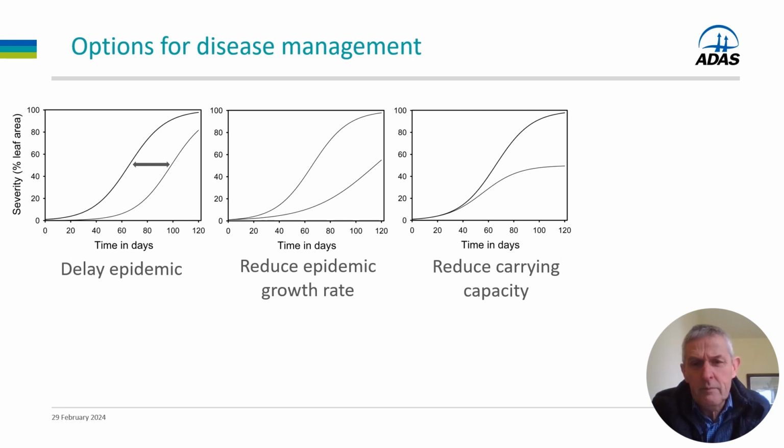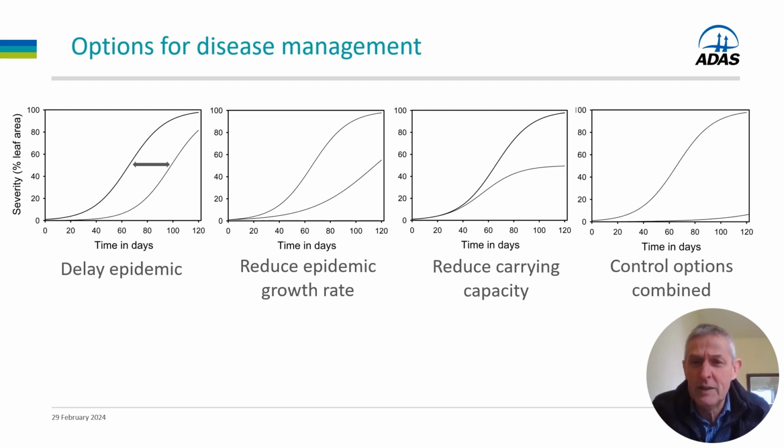Now, we can see in these hypothetical examples, the control in each case is not fantastic, but if we manage to combine two or more of those methods of delay, reduced growth rate, and reduced carrying capacity, then we can have quite a profound effect on the epidemic.